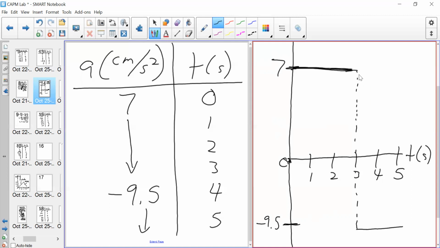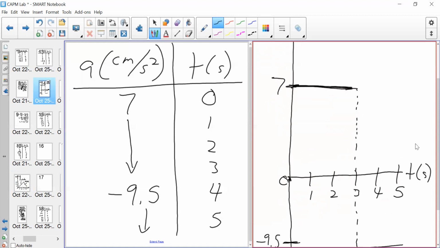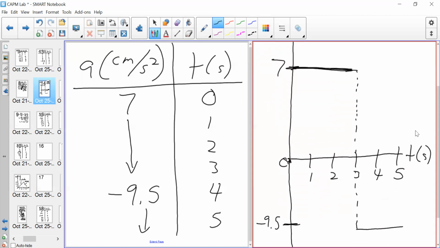This is just a point at 3. You can't do anything with a point. You can't take a slope of a point. It's non-differentiable or undefined, or all those terms that mean the same thing.